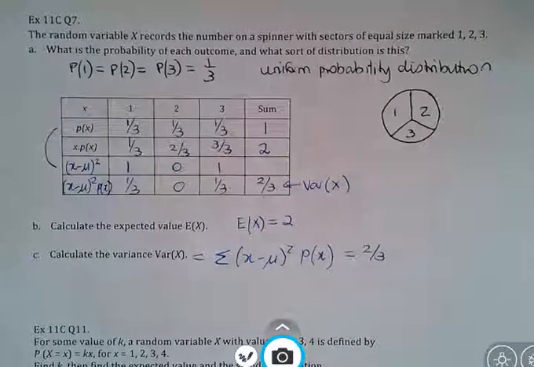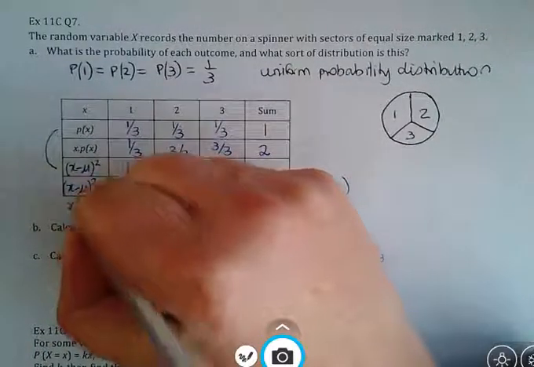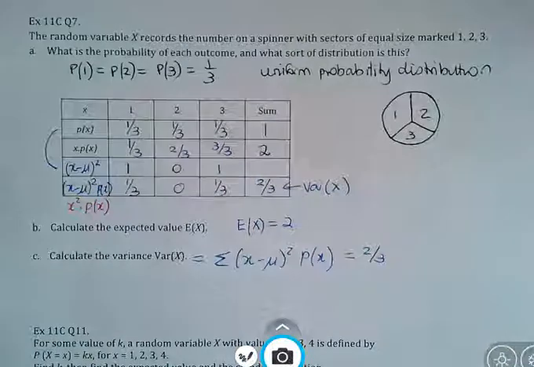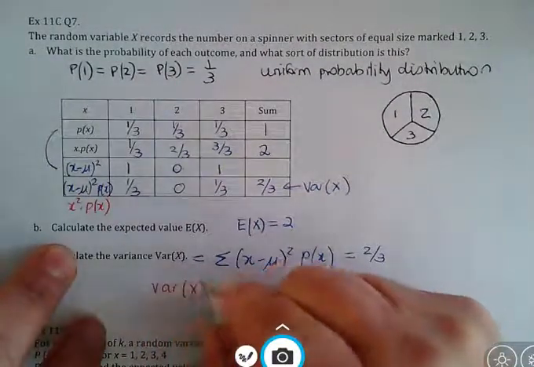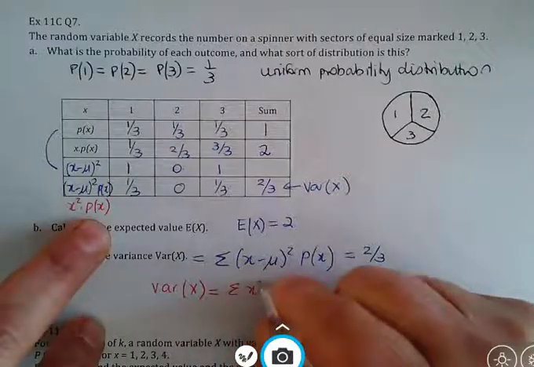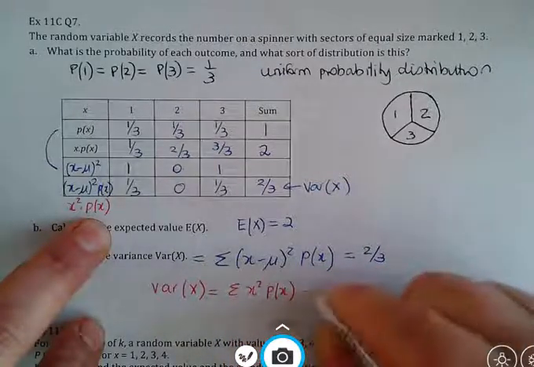If you want to use the alternative method, which is to calculate x squared px, you could do that. I'll do that one in red. The formula for that one is the sum of the x squared px's minus mu squared.